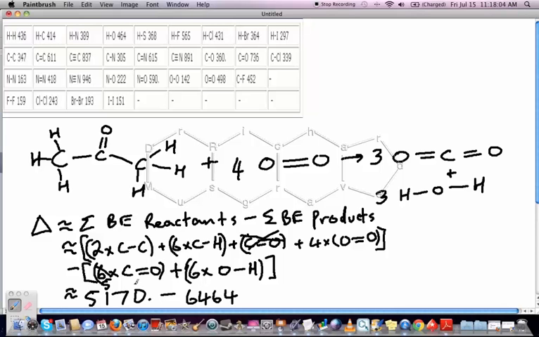The 6,464 comes from the 5 times CO plus the 6 times the OH. And this is going to come out to be negative 1294. And the unit here is going to be kilojoules per mole.